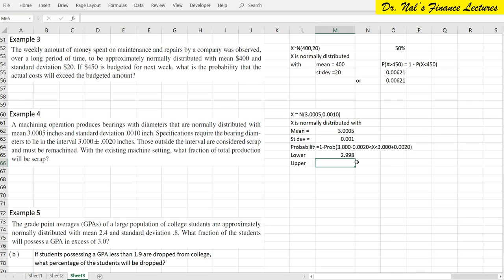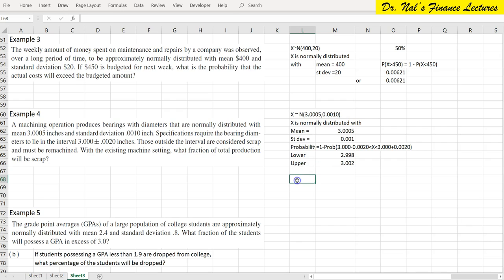So we can find the probability of this or below, subtract the probability of this or below, which gives this range, and then subtract it from 1.